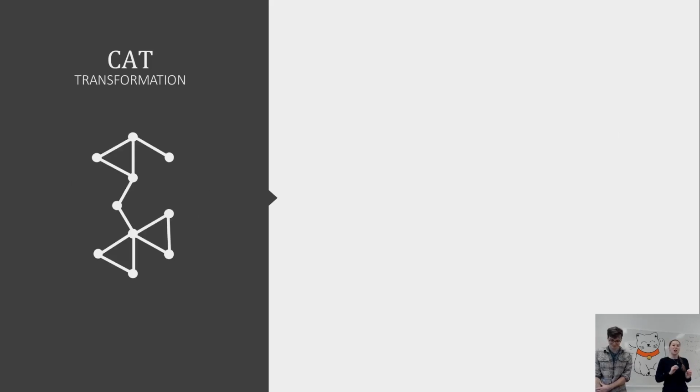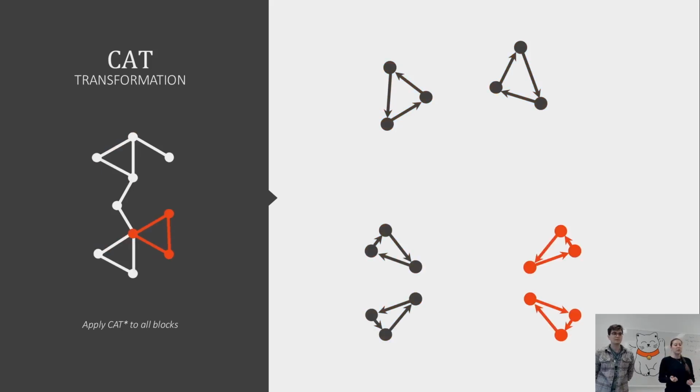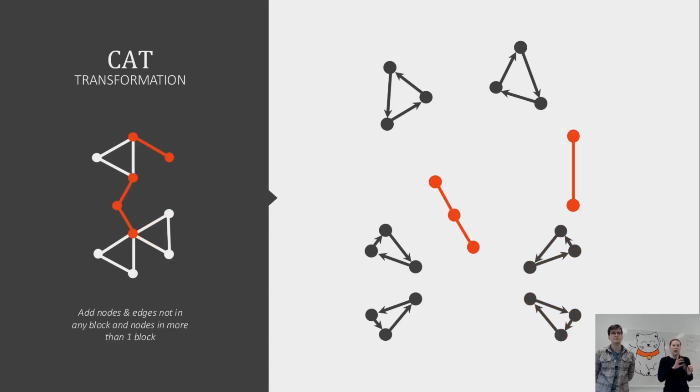So how do we now get from only blocks to all outerplanar graphs? Well, this is what CAT does. CAT first applies the CAT star transformation to all of the blocks of the graph. So in the graph on the left, we have these 3 triangles, and we apply CAT star to each of those. And then we add all of the nodes and the edges that are not part of any block or that are in more than one block.